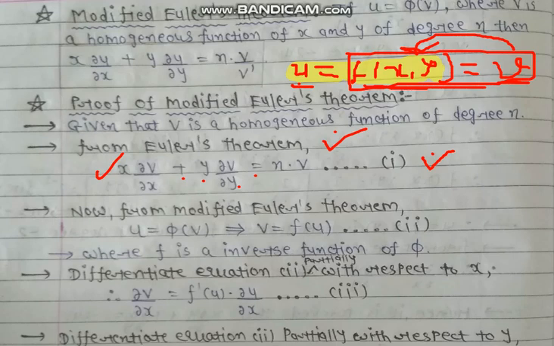So now I can say that u is a function of v, but phi is an inverse function. So for the inverse function I will introduce another function, small f. So I can say that v is a function of u, so f is the inverse function of phi. This is your second statement.